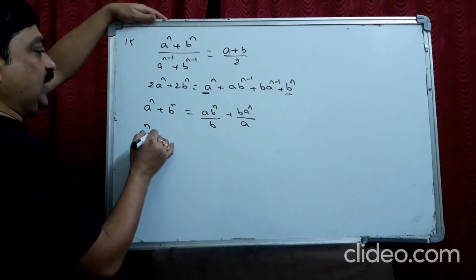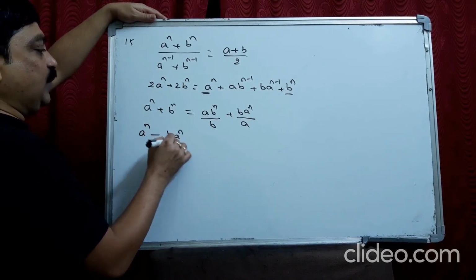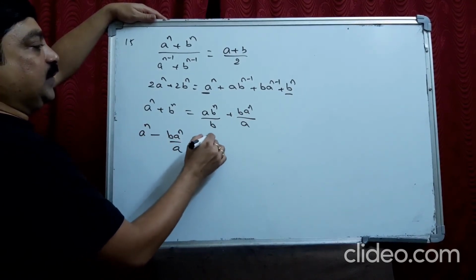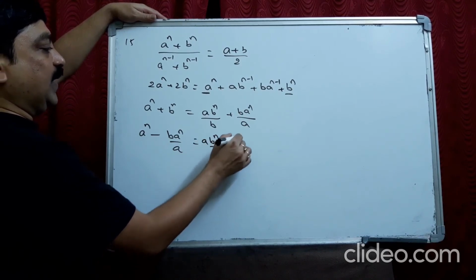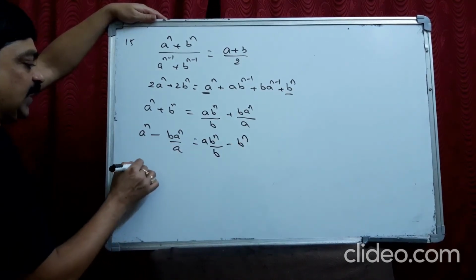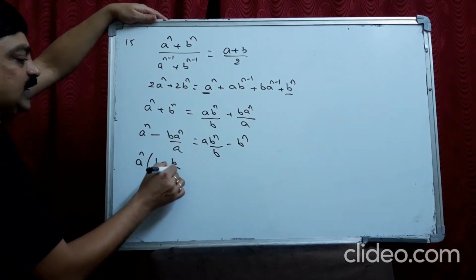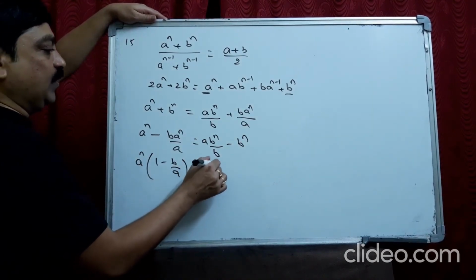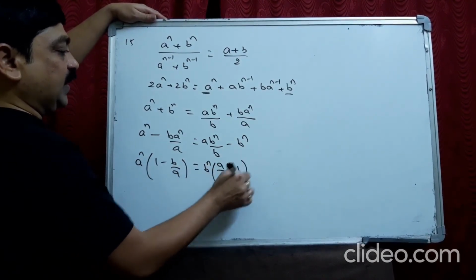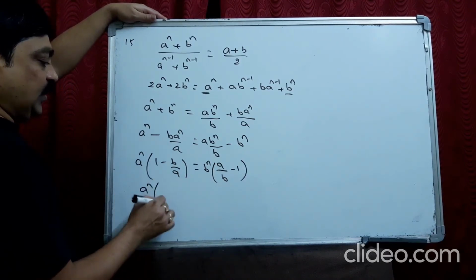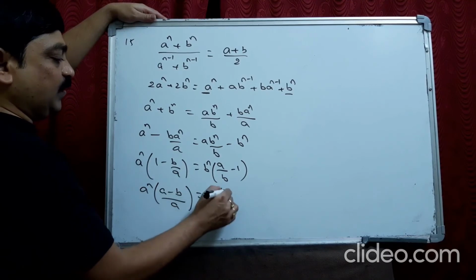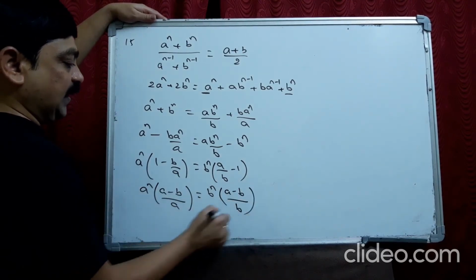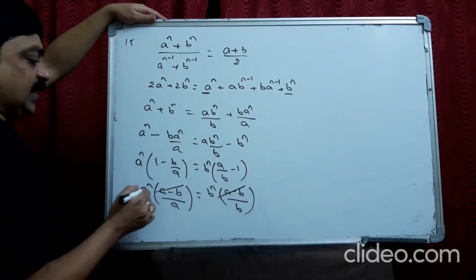So a power n minus b into a power n by a, and b power n into a by b minus b power n. If I take a power n common, 1 minus b by a. If I take b power n common, a by b minus 1. So a power n into a minus b by a, b power n into a minus b by b. So a minus b gets cancelled in both.